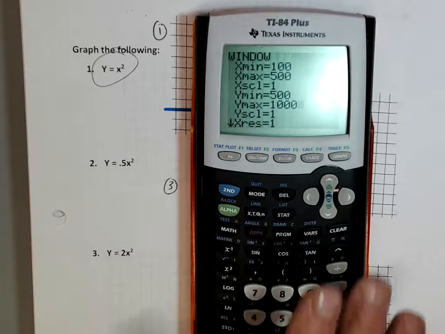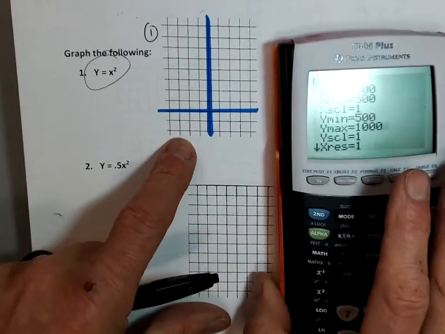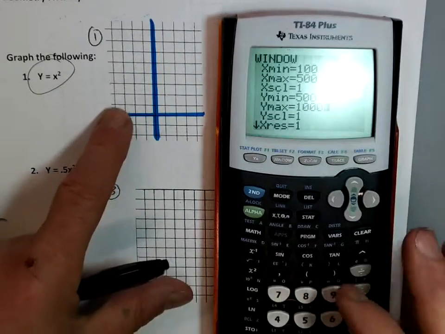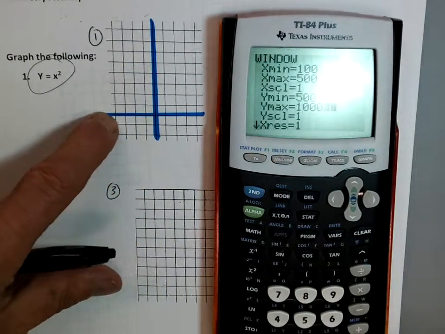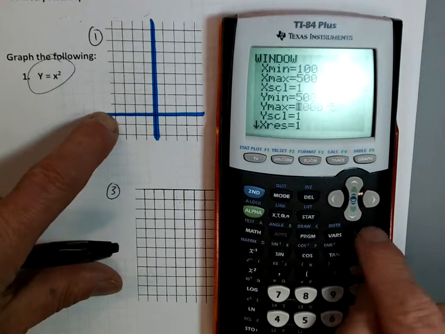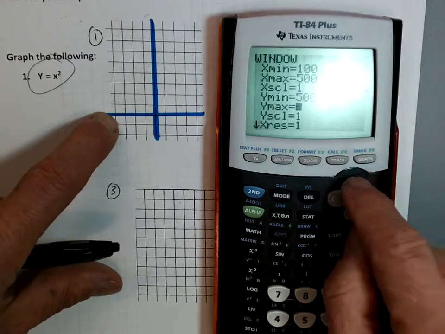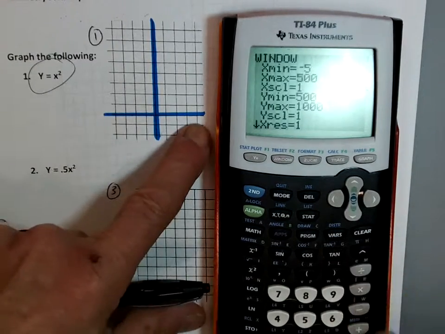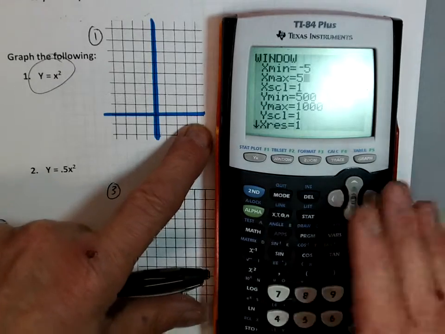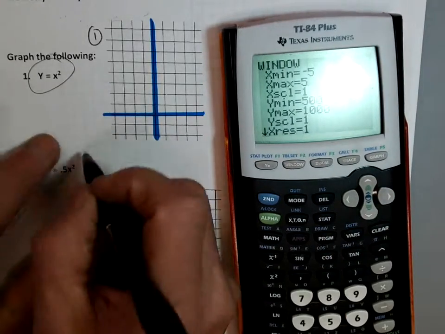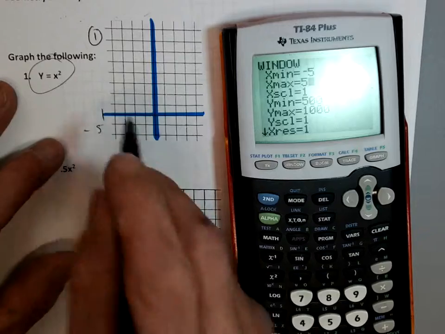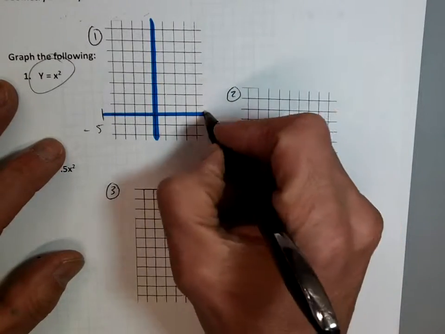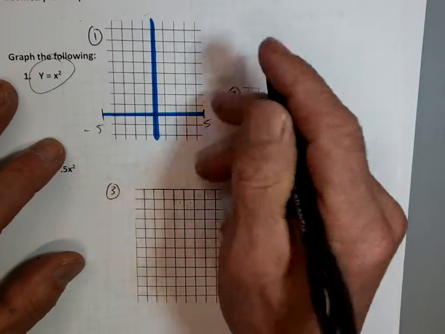Oftentimes I'll look at my graph and say, I could actually modify this window slightly. I could go negative 5 to 5. Why not? My graph is really like a negative 5 to a 5, right? Why not change it to what my graph looks like?